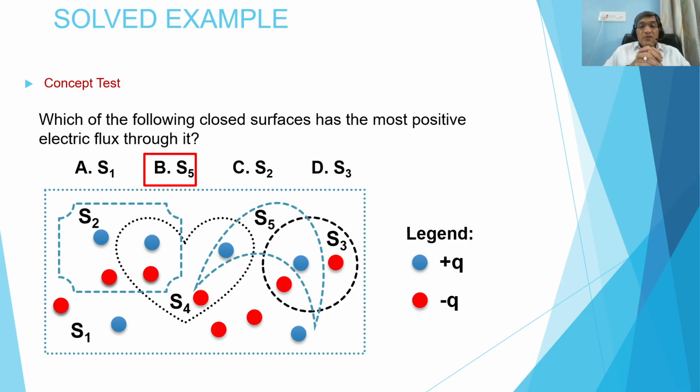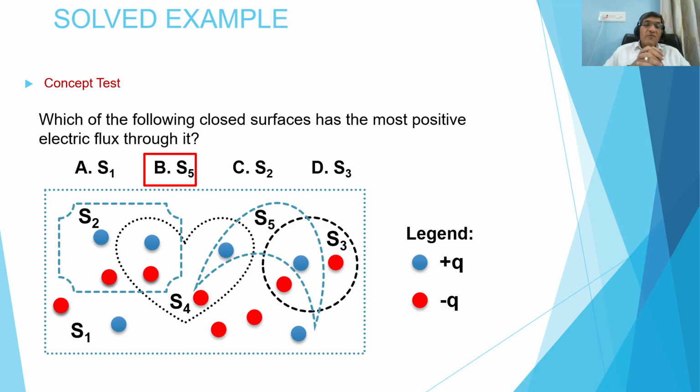Now we come to S3. It is a circle shown by the black dots. It contains three charges. Two are negative and one is positive. So the net charge inside S3 is minus q. So the electric flux is there, but it is negative electric flux. Now come to the right answer, which is surface S5.